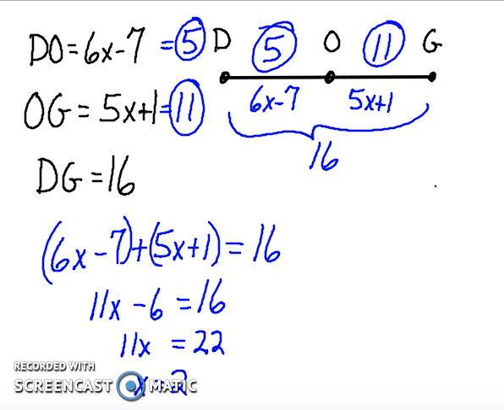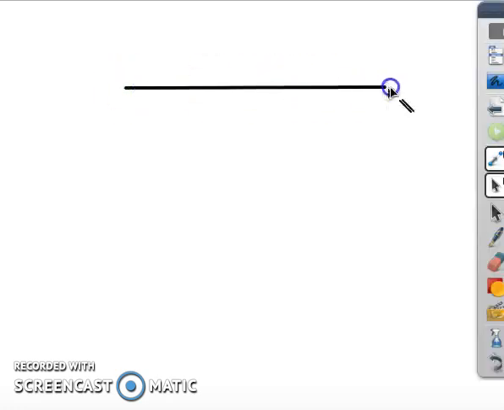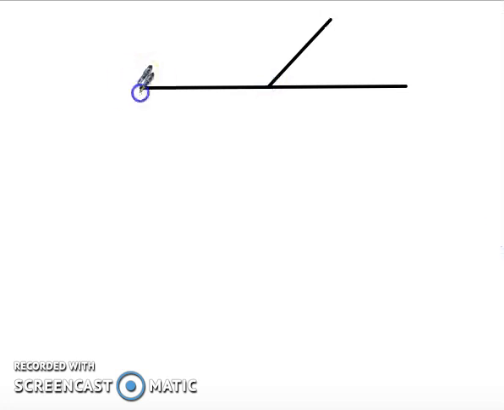Now say we had one that said that segment AB was bisected by ray XT.